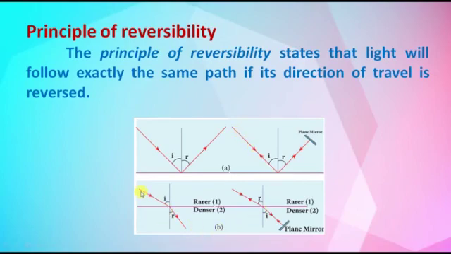Here also the incident light goes from a rarer medium to a denser medium, and a plane mirror is arranged there. When the plane mirror is placed, the light gets reflected back along the same path. It is not deviated. This process is called the principle of reversibility.